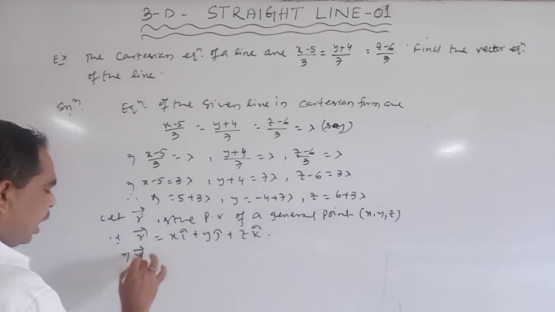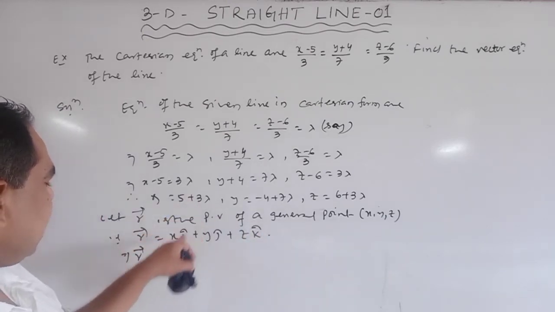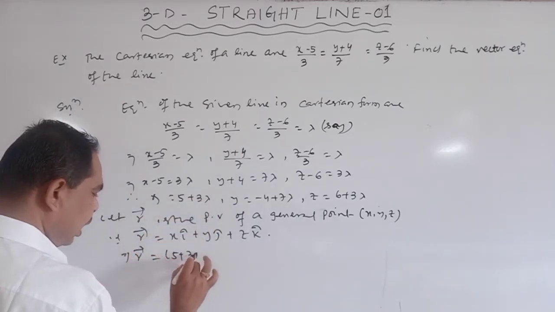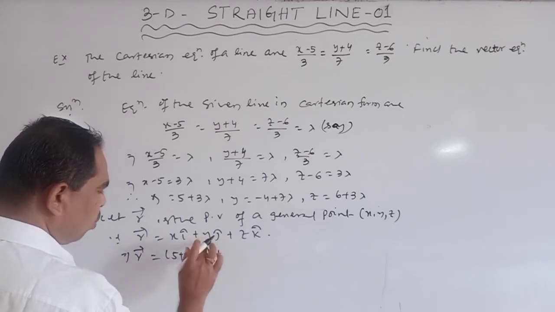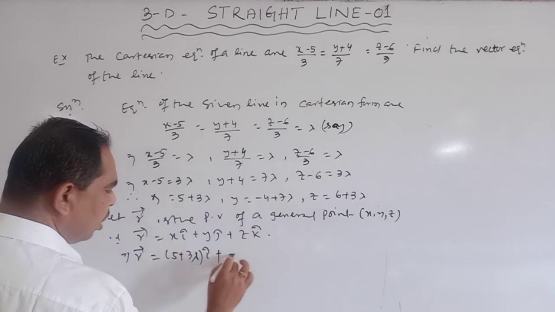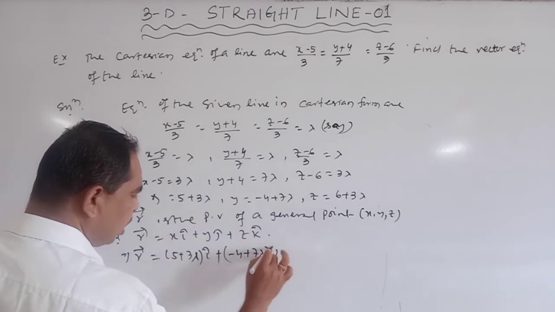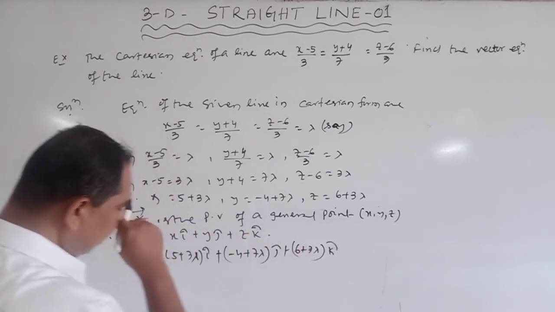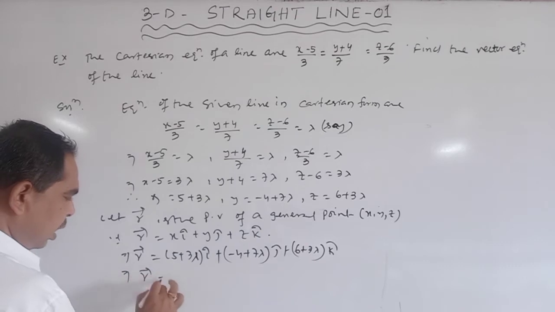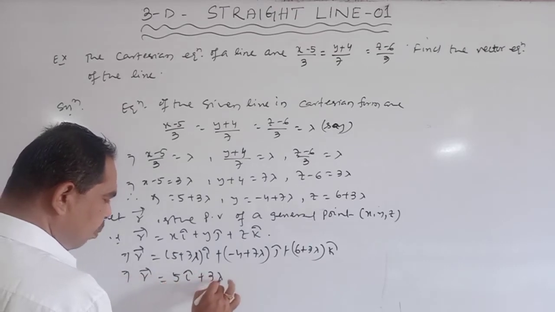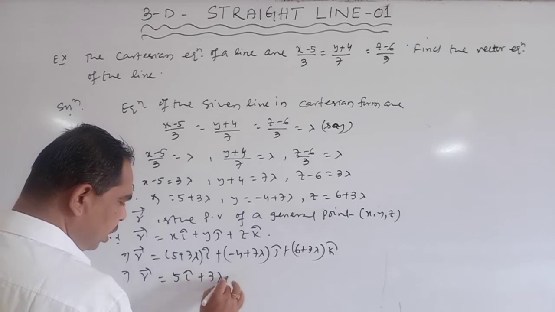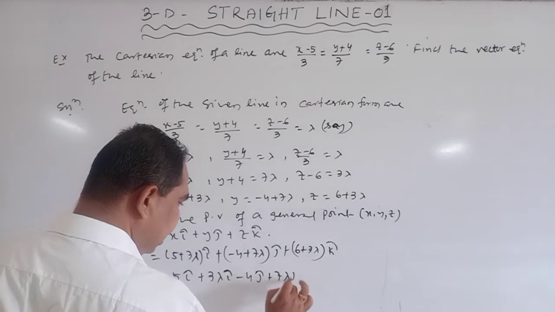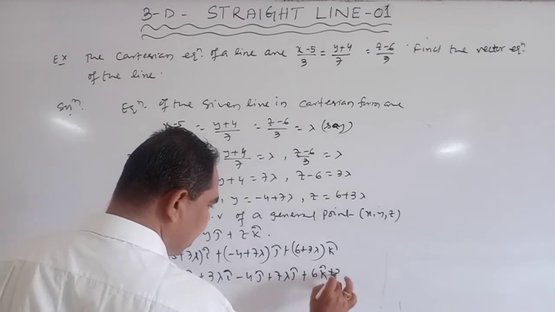So this implies r vector is equal to, what is x? Put x is equal to 5 plus 3 lambda, i cap, plus y is equal to minus 4 plus 7 lambda, j cap, plus z means 6 plus 3 lambda, k cap. So r vector is equal to 5i cap plus 3 lambda i cap plus minus 4j cap plus 7 lambda j cap plus 6k cap plus 3 lambda k cap.